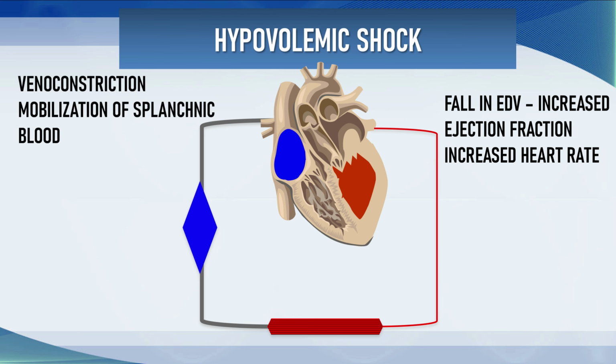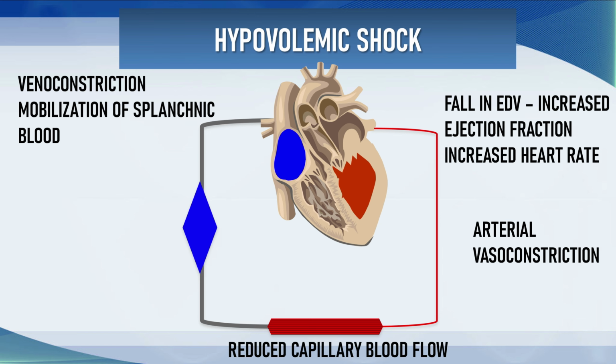There is venoconstriction with mobilization of splanchnic blood, arterial vasoconstriction, reduced capillary blood flow, and reduced flow of fluid into the interstitium. That's often reversed by a process known as transcapillary refill, so that some extravascular fluid is sucked back into the bloodstream that's replaced by intracellular fluid, so there's whole body fluid depletion.